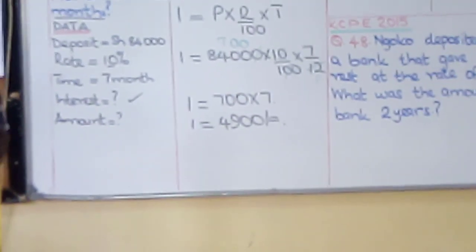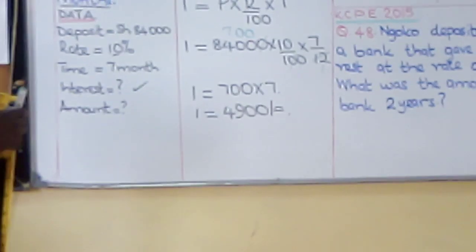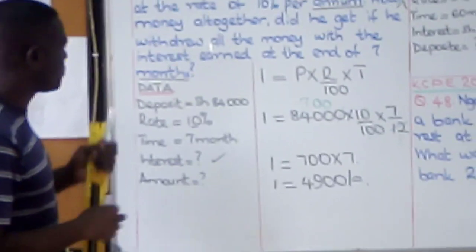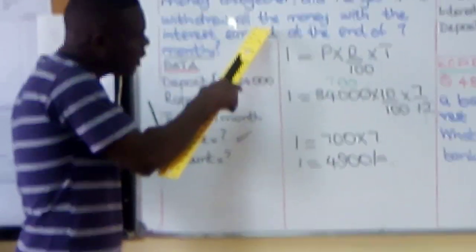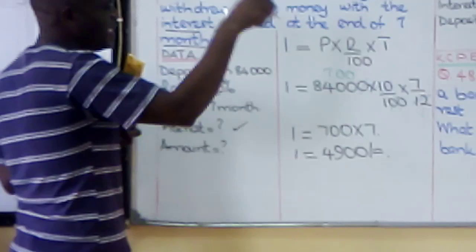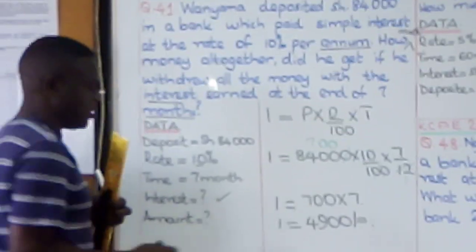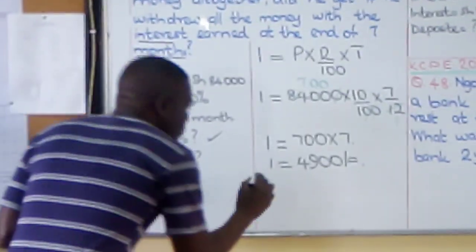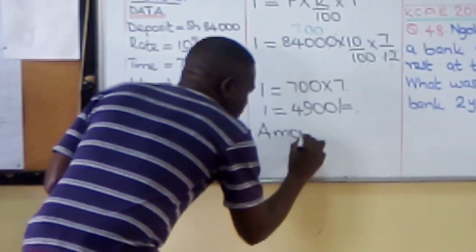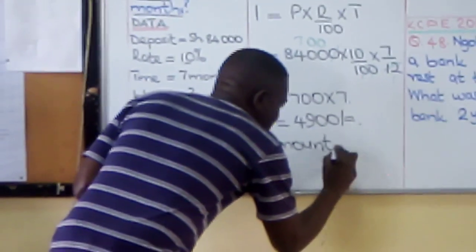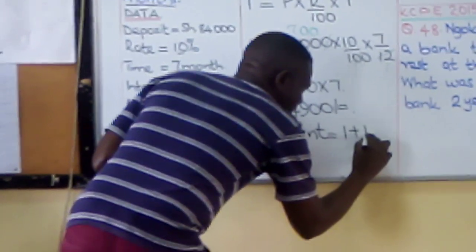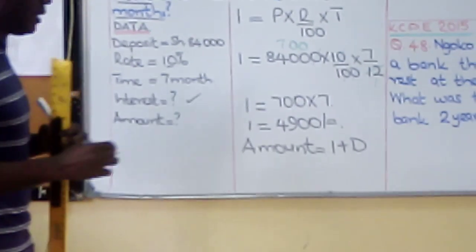Now we come to the second task, boys and girls. Amount. And how do we get the total amount? Because it says he withdrew all the money with interest earned, the money deposited plus the interest. Alright? So the amount here is equal to the interest earned plus the deposit or the principal.